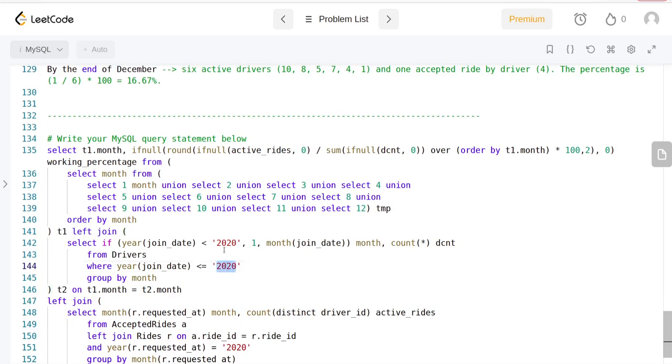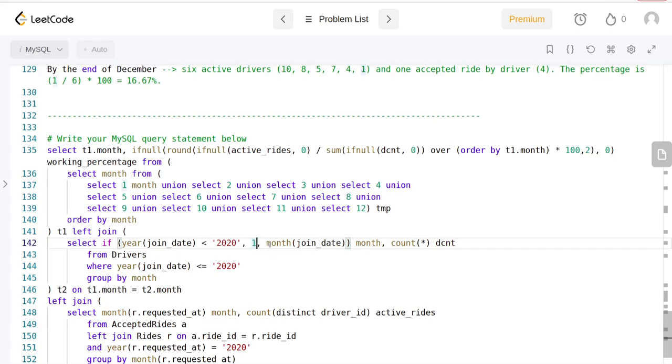All we need is the range of those who joined in 2020, so we check their month. Just remember that if the year is less than 2020, it always falls in January.